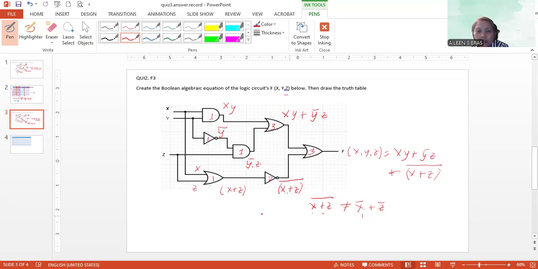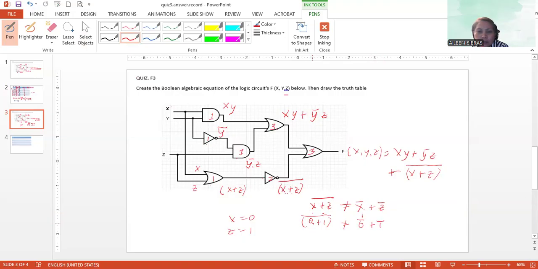Like for example, let's say if our value of X is equal to 0, our Z is equal to 1. So if you're going to put here (0 plus 1) not is not equal to 0 bar plus 1 bar. Okay?